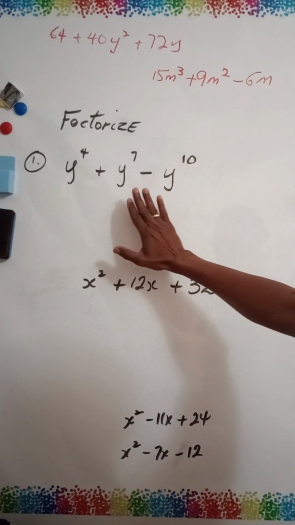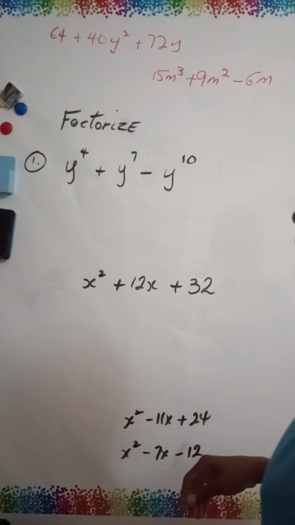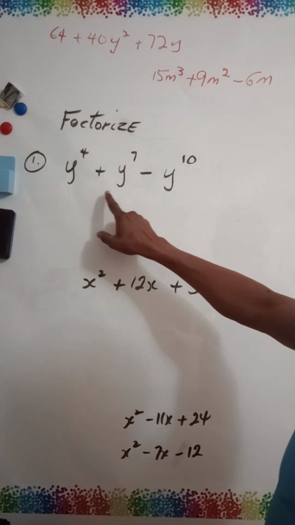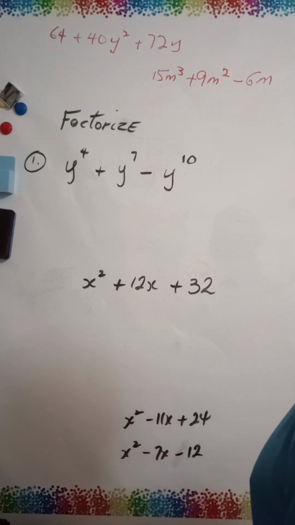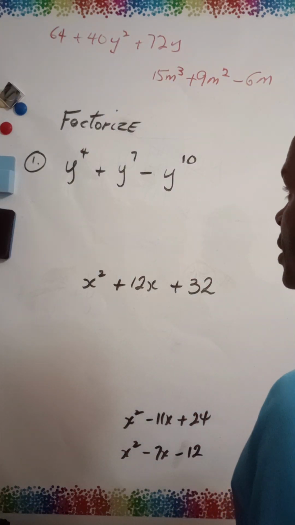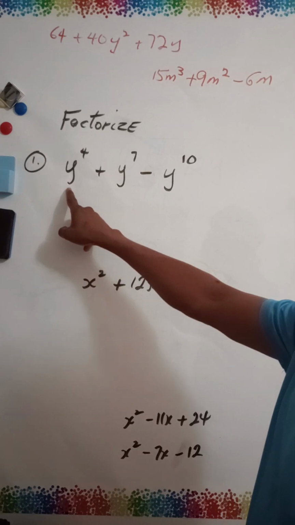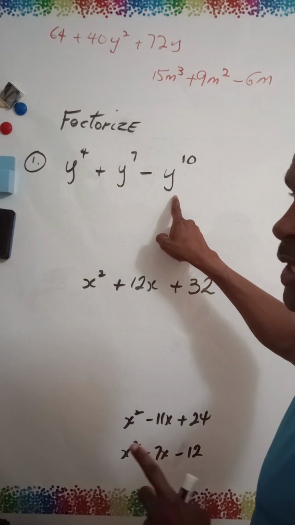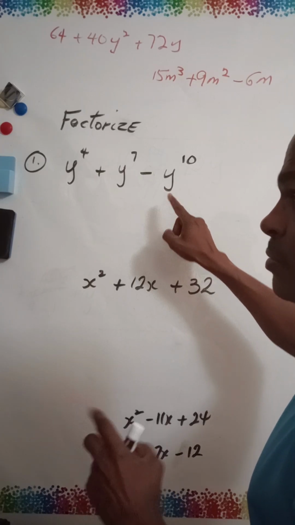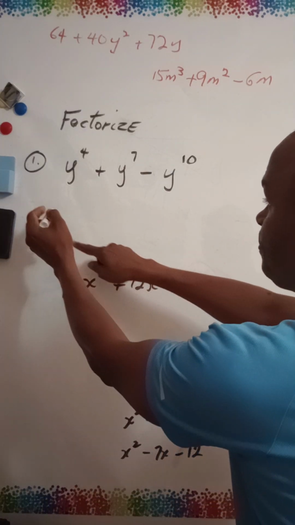to the m's. In this case, you're being asked to factorize y to the fourth plus y to the seventh minus y to the 10th. So in other words, what has to be done here? First of all, you have to look for the lowest exponent that is in existence here, and that's going to be the term with the HCF.